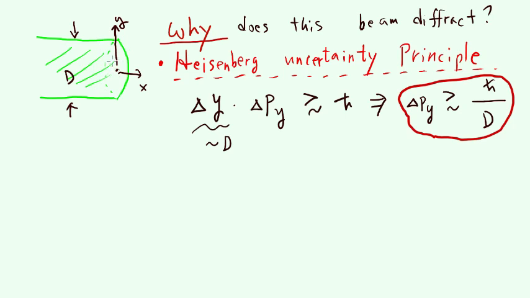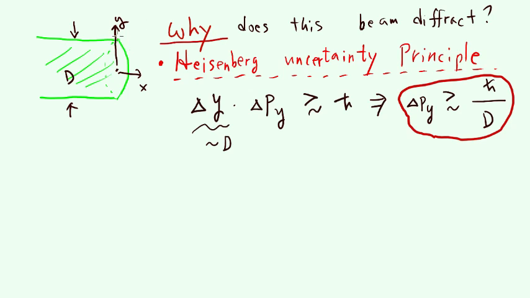If you just take that average behavior as the true behavior, then you might think, oh, this beam will just go on forever as a perfectly cylindrical beam. What the Heisenberg uncertainty principle says is the following. Even though it looks like the beam is going to the right, and there is no beam going in the y direction, nevertheless there are fluctuations here which give some uncertainty in the y momentum.